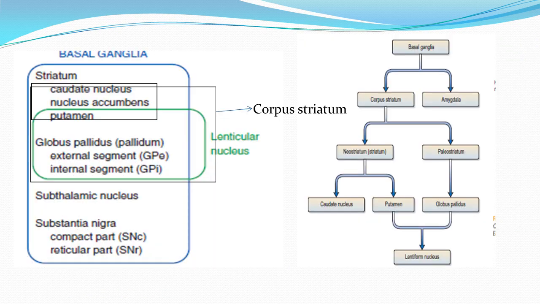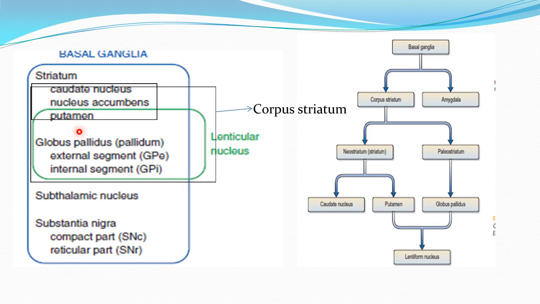See, in the classification of basal ganglia, here is striatum, this is caudate nucleus, nucleus accumbens and putamen. These three structures are known as striatum. This putamen and globus pallidus together are known as lenticular nucleus. Any confusion?